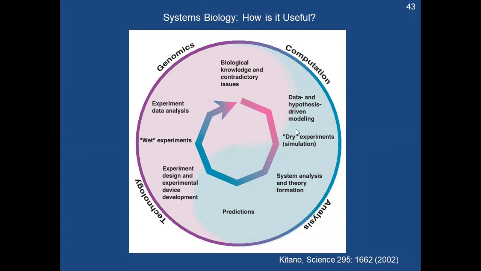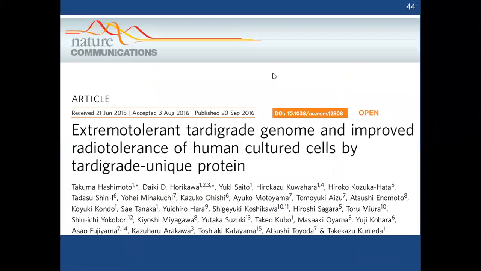Those dry experiments, in silico experiments, will lead to some sort of system analysis, as we learned in this class, which is going to help you make predictions, which then will lead to wet lab experiments. So that's all for this class.